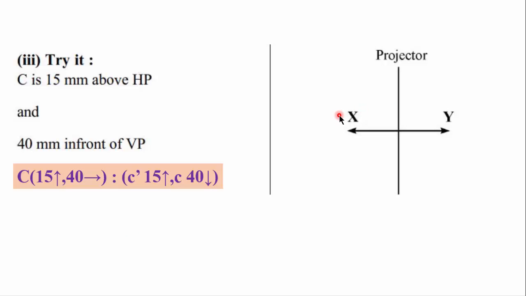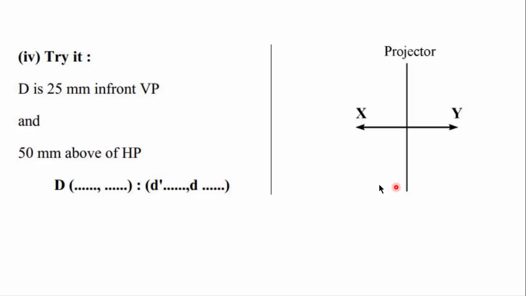Now here C dash 15 mm above, C plan 40 mm below. Okay, next. Point D is 25 mm in front of VP and 50 mm above HP. Try it. Fill in the blanks.